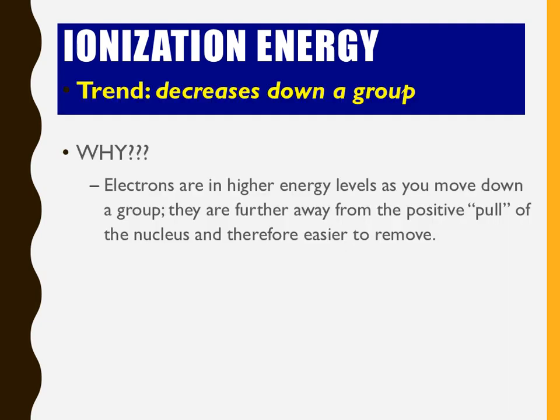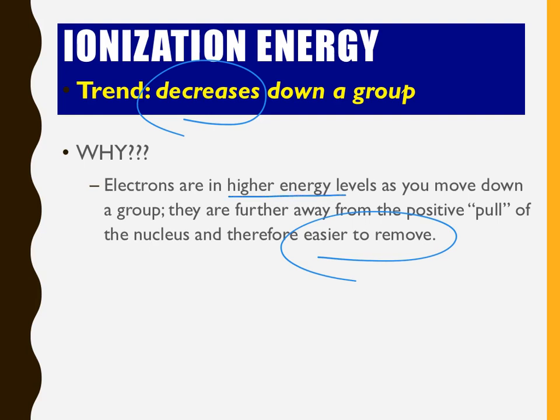As you go down the group, it becomes easier and easier to remove an electron because those electrons are further and further away. When they're easy to remove, that means it takes a low amount of energy to remove it. So the ionization energy would decrease because it's easier to remove. Now, why is it easier to remove?